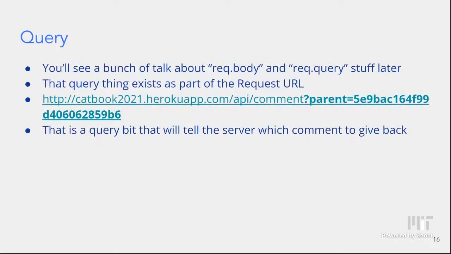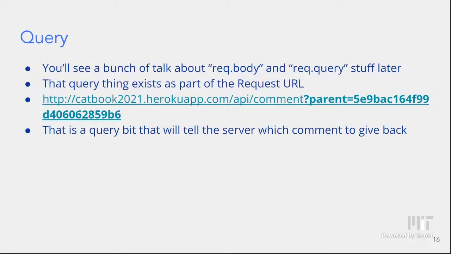And one extra little bit that takes place in this HTTP request style that will probably be particularly useful later. We'll talk about the query, and this query exists as a part of the request URL. It's the lovely question mark, name equals some value.